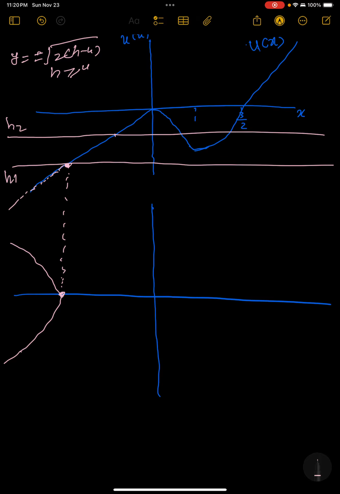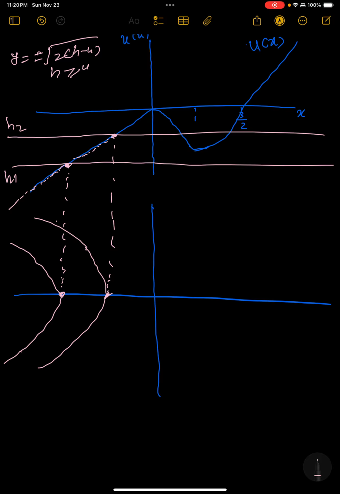So for the h2 curve, we can see that at this point the u and h are equal, so definitely my y will be 0, so this point will be projected to this point. Now you can see that as my h2 is increasing, y is also increasing, so this is increasing this way, and because it has 2 copies, it will be this way.